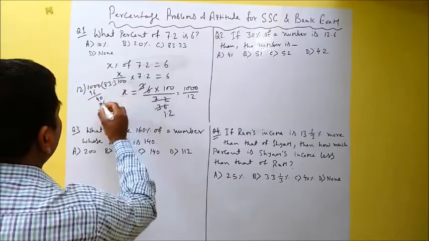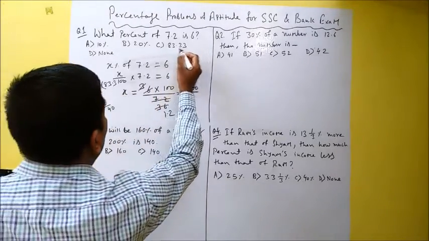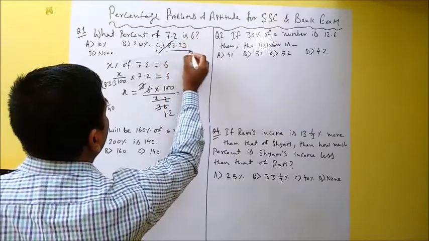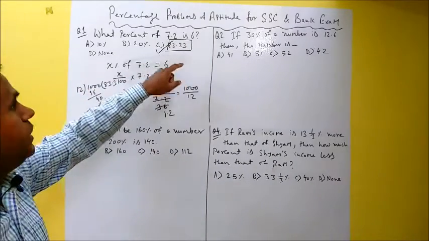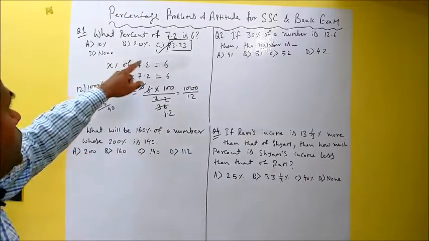So 3 times once again it will go. So here 83.3, that means we can directly take C as the answer. For the first one, the answer is 83.33 percent.